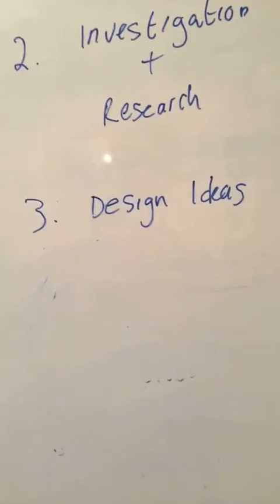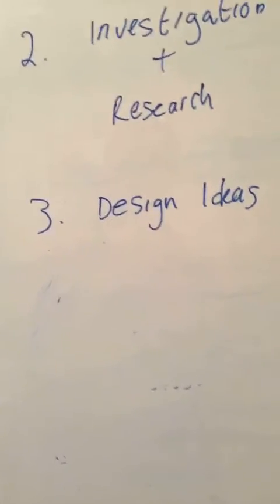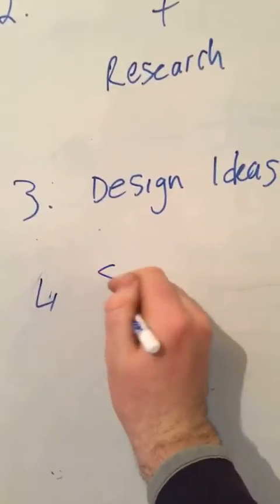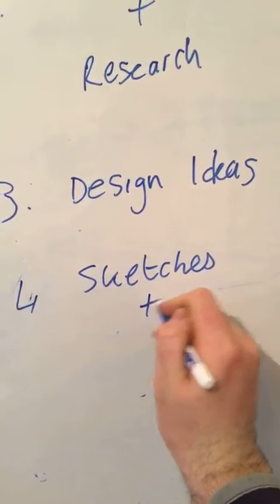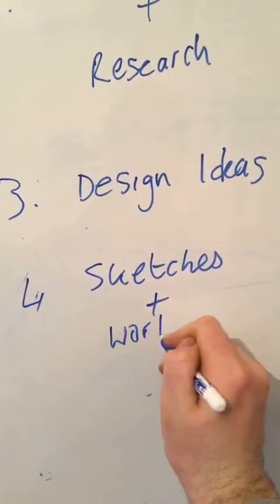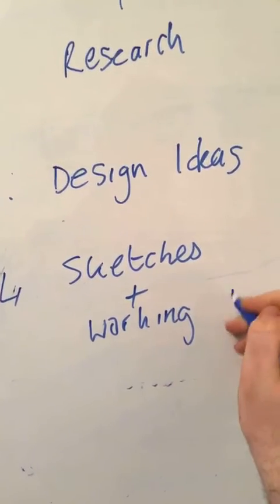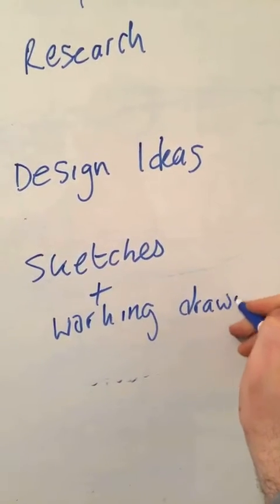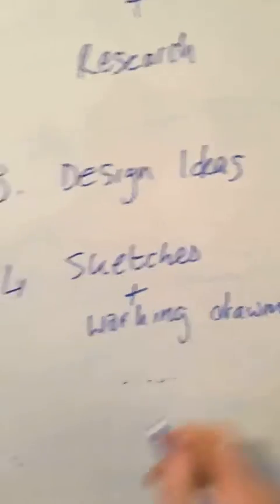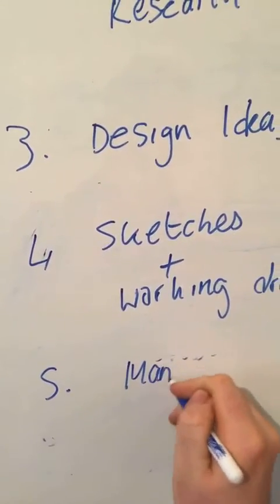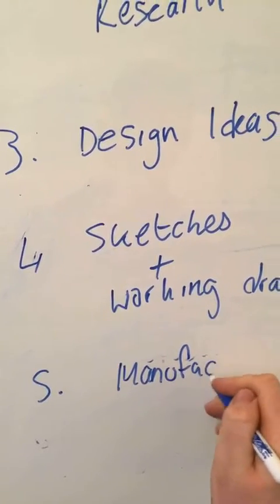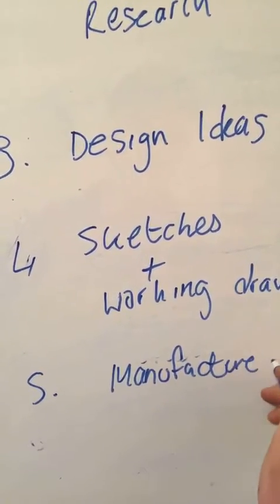The 4th aspect of design process is sketches and working drawings. The 5th aspect is manufacture of our project.